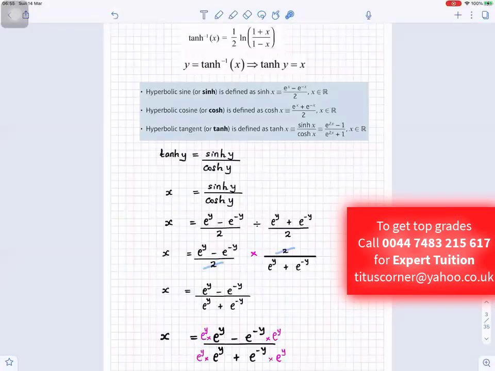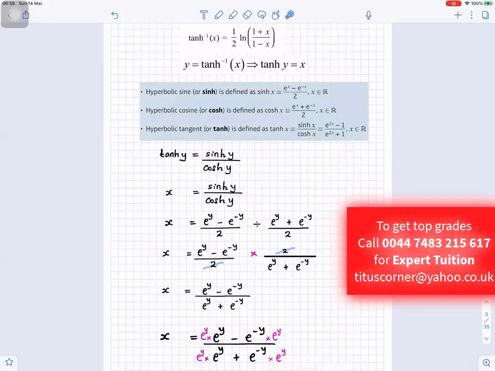So the first thing we would do is get the definitions for sinh x, cosh x, and tanh x. So tanh y is sinh y over cosh y, and x is equal to sinh y over cosh y.